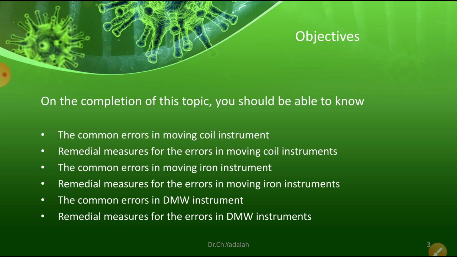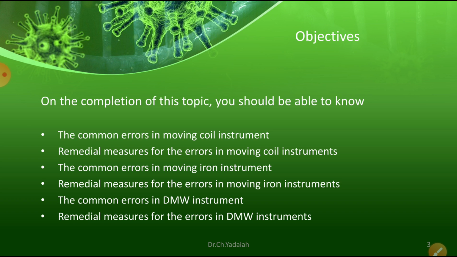Due to this, the deflecting torque decreases. It may cause some error also. And mechanical unbalance: because of this whole arrangement, the coil which is placed on a spindle should be balanced on both sides. Otherwise, if one side the coil weight is more and the other side is less, then unbalance takes place. This also leads to overburden on the jewel bearings and pivots. The frictional error further increases. It leads to common error.